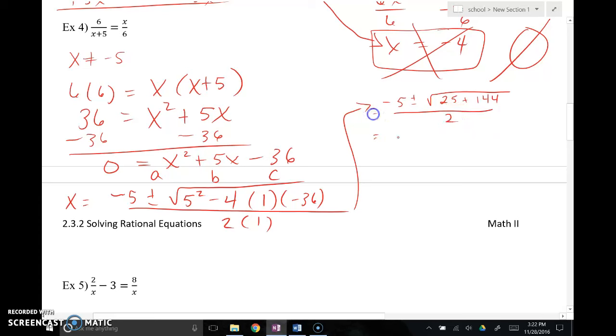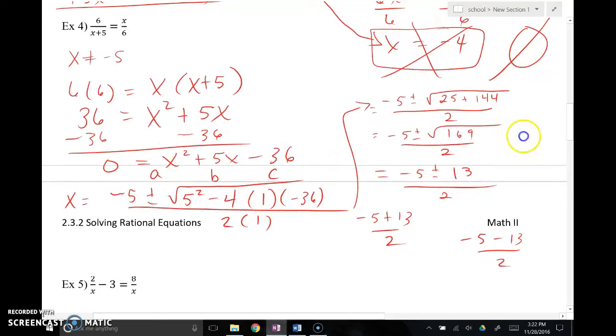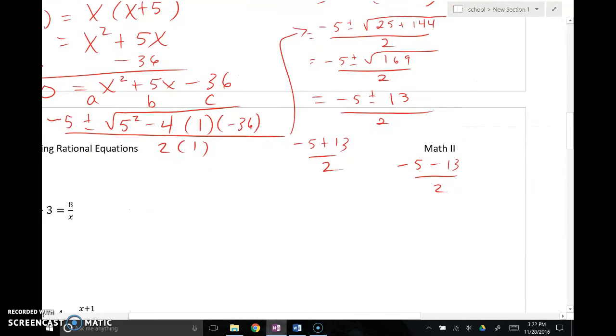Continuing to simplify, -5 plus or minus the square root of 169 over 2, which is -5 plus or minus 13 over 2. And now I can split into my two scenarios, -5 plus 13 over 2 and -5 minus 13 over 2. And this will give me my two answers.